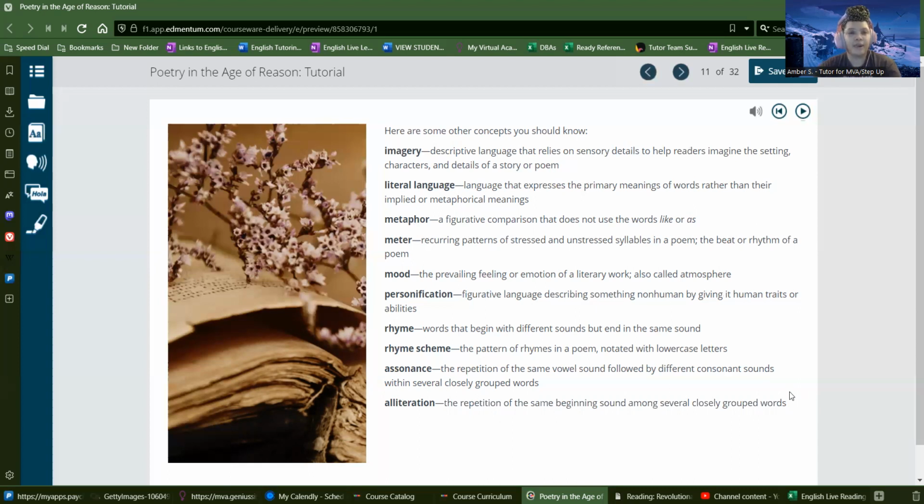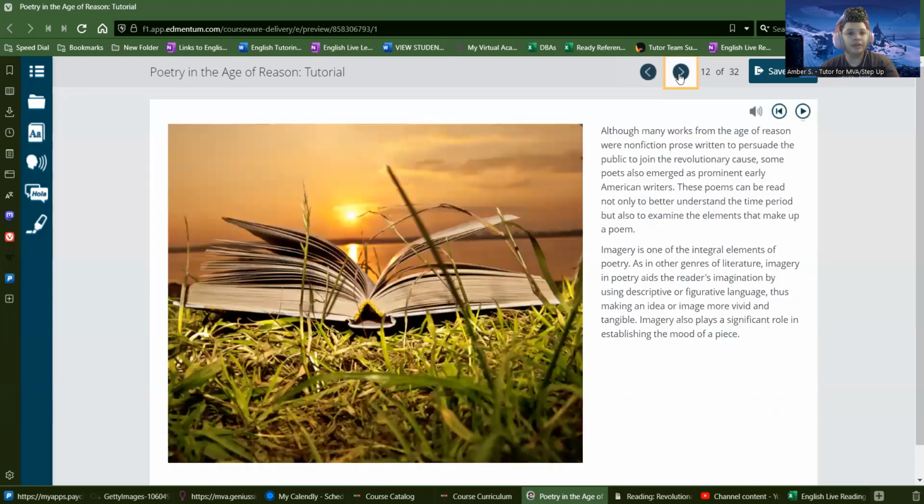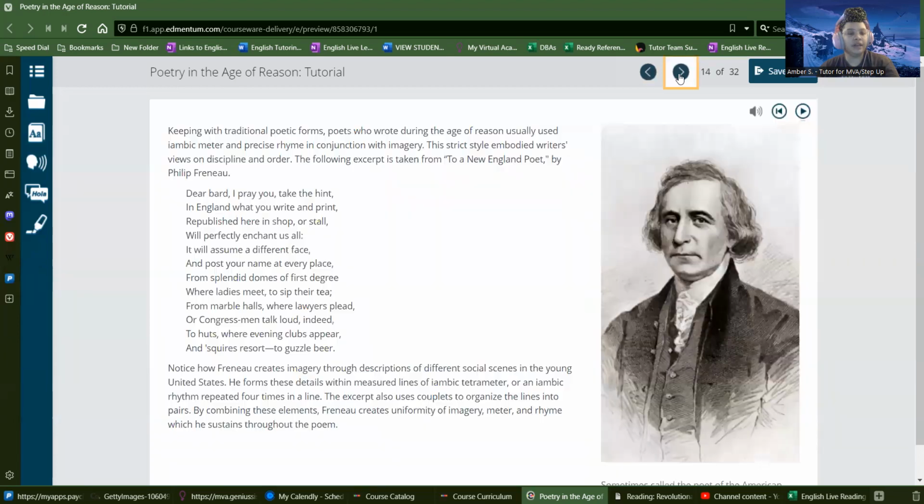Okay, so now we're going to come back to rhyme scheme. And I just want to give you an example of rhyme scheme. Let's see if I can find that poem. Okay, yes. So we'll take this poem and I'll break it down really quickly. And we'll try to figure out how to explain rhyme scheme.